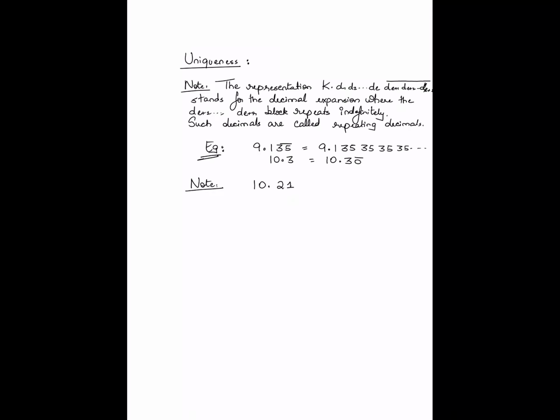I claim that this is in fact, of course, this I already told you is the same as 10.210 bar, but this is in fact also equal to 10.209 bar. Okay, so 10.21 is essentially the same as 10.2099999999 and so on, where the 9 repeats indefinitely.